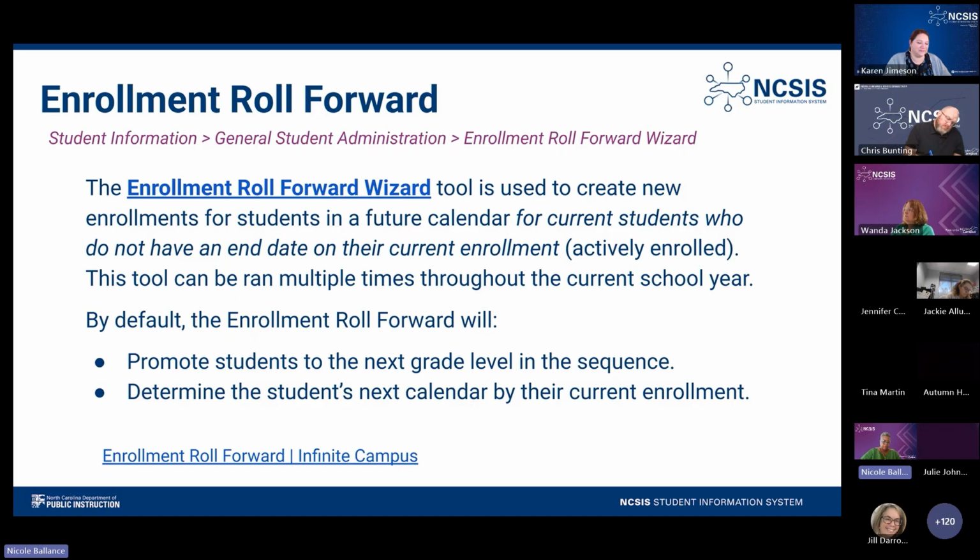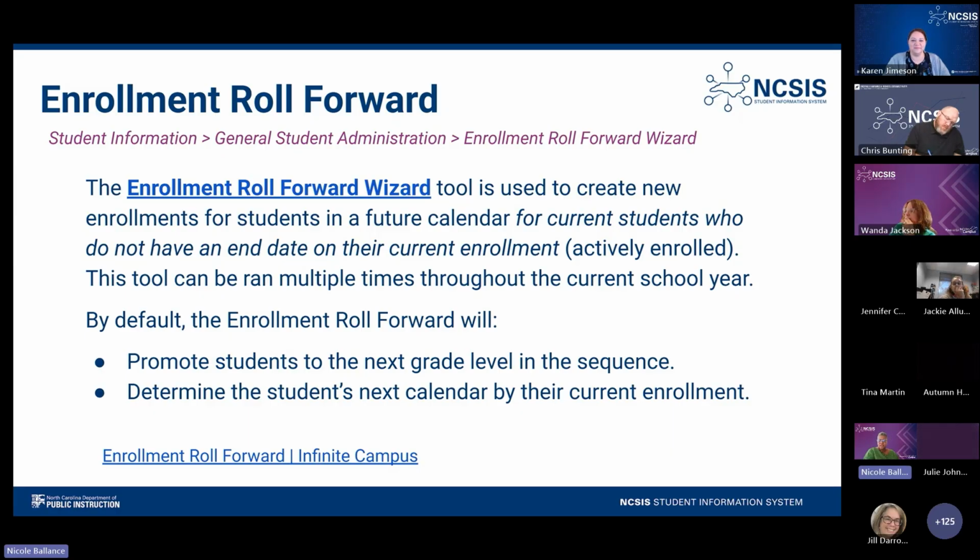By default, it is going to promote those students to the next grade level in that sequence. So if you remember during implementation, one of the pieces that PSUs were required to go and look at and review was the grade level setup. When you got to that particular screen, you saw the grade levels for your particular school, but then you also saw some interesting little sequences.